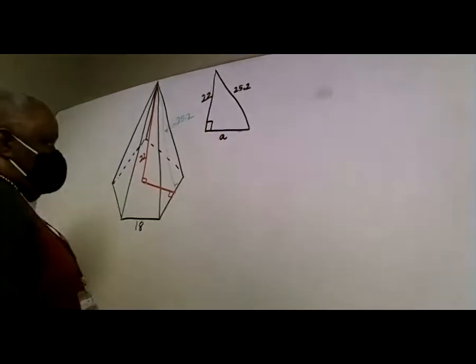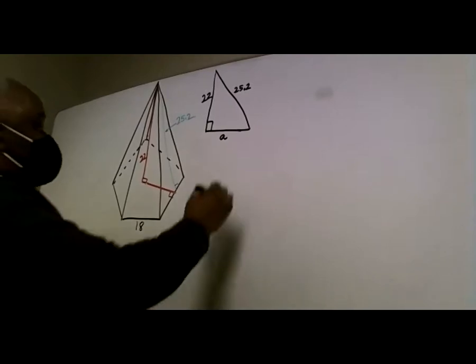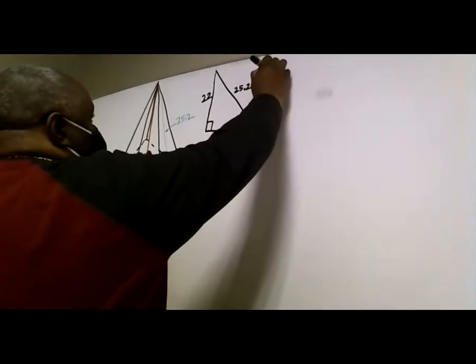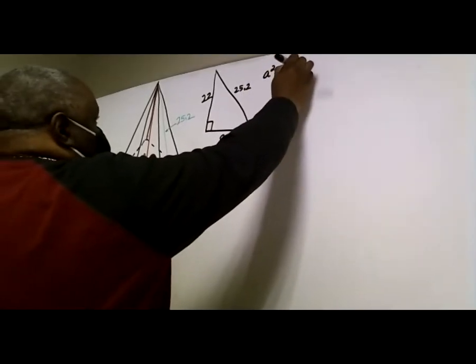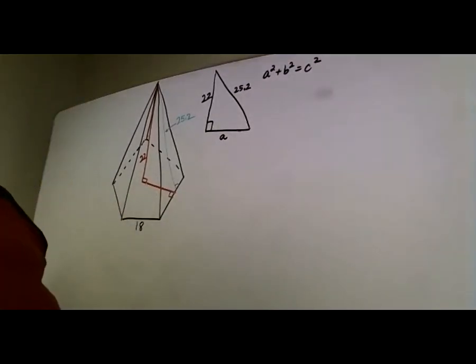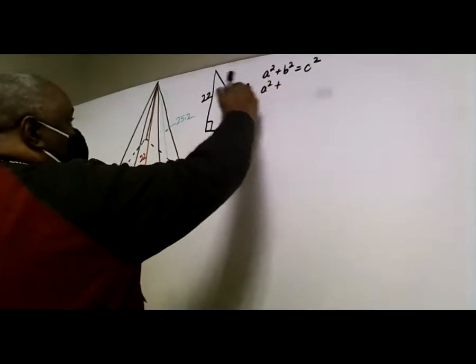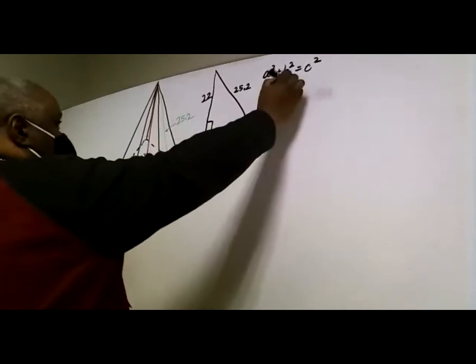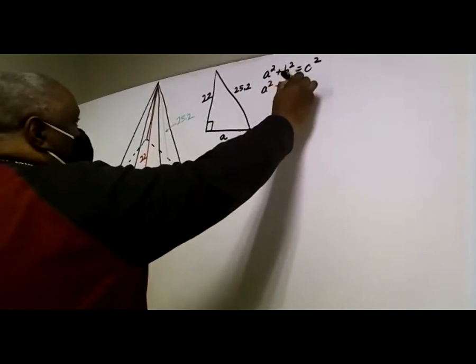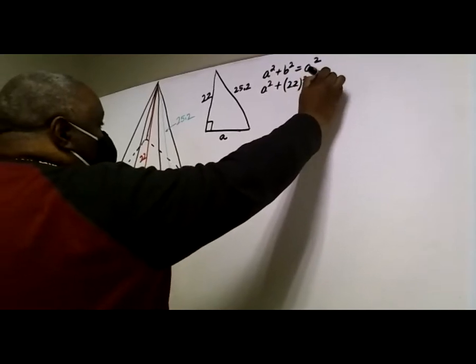I don't know what this is. That's the apothem. That's what I'm trying to find. That's A. So here, I have to use the Pythagorean Theorem. A squared plus B squared is equal to C squared. And in this case here, the A is what I'm trying to find. That's A squared. The B is going to be this side right here, 22. And that's squared. Equal to C, that's 25.2.